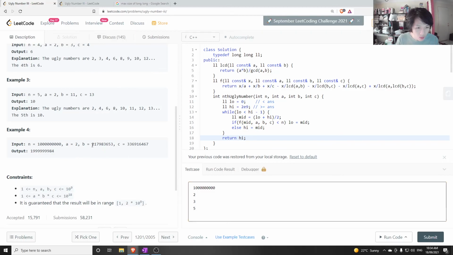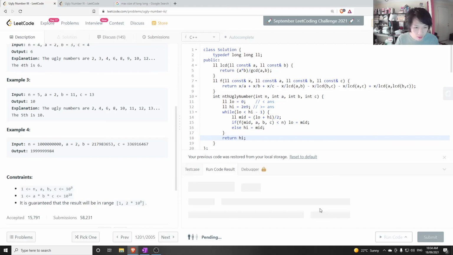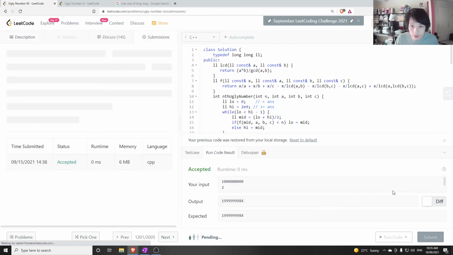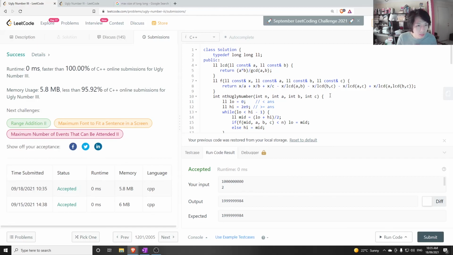That's 2. Okay, so let's give that a go. Perfect. And that's that.